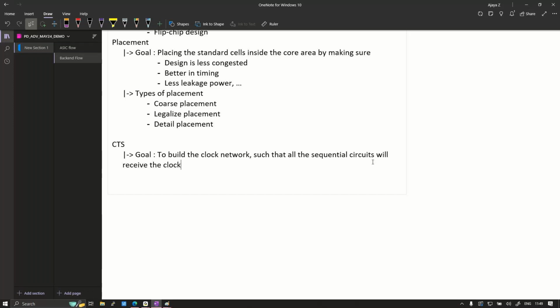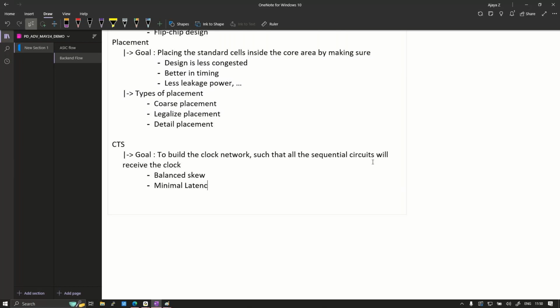Okay, so while receiving that particular clock, we have some terminologies to be followed. That is balanced skew. So what is skew? What are the different types of skew? Everything we will discuss during our STA sessions. And minimal latency. What is latency? How to fix that latency? What are the different types of latencies, and how are those latencies provided?